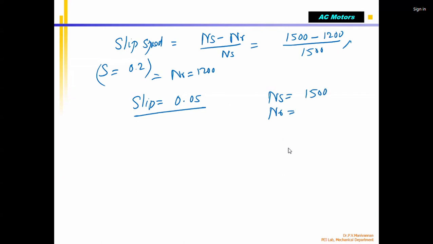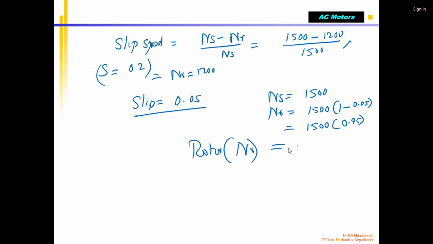The NR is going to be 1500 multiplied by 1 minus 0.05, which is 1500 into 0.95, and this is going to be NR, rotor speed or motor speed, 1425 RPM.